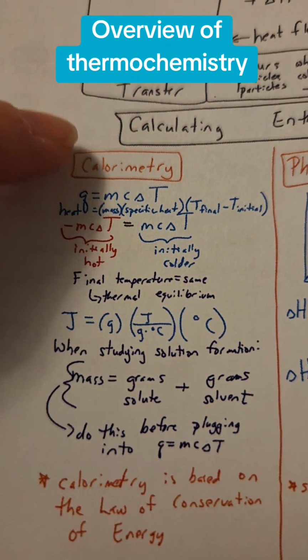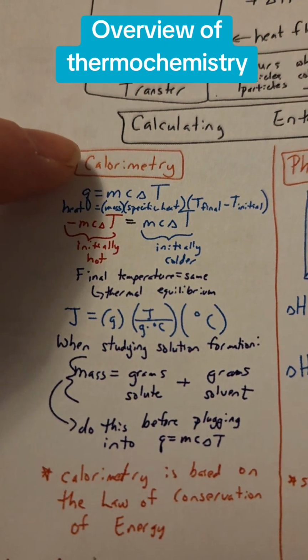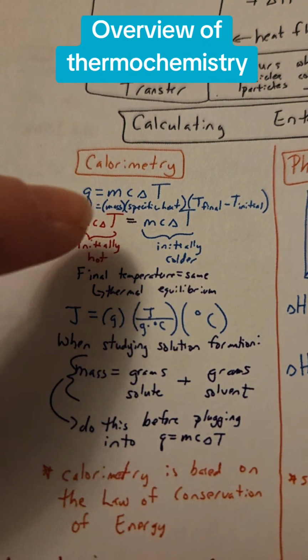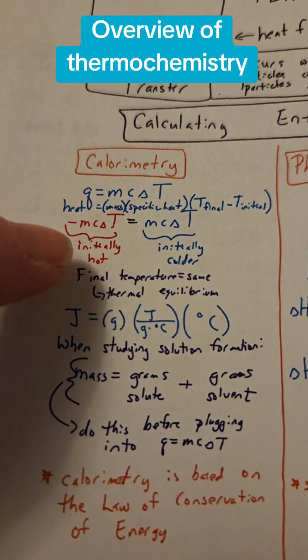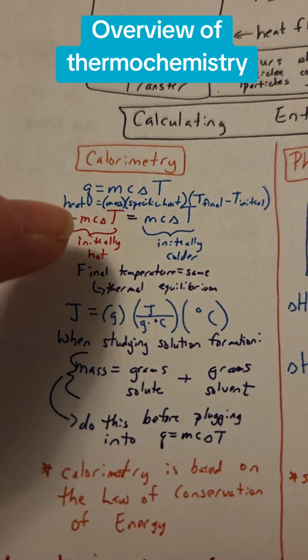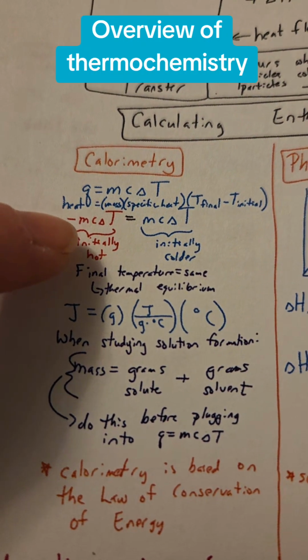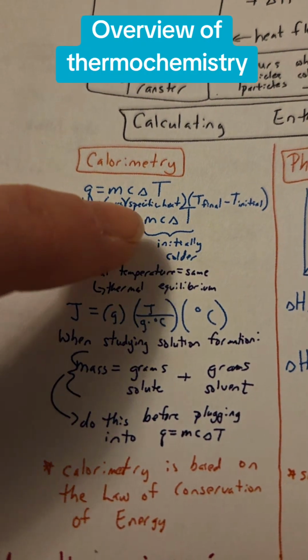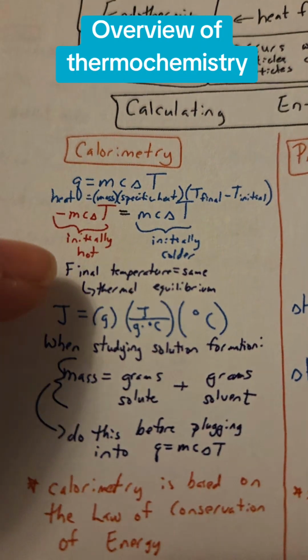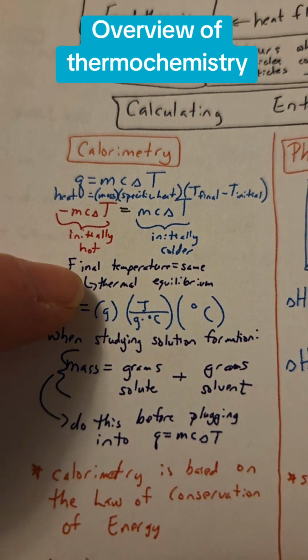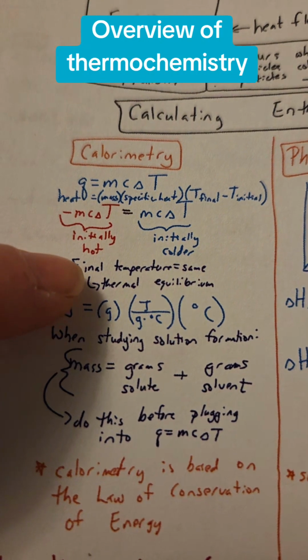In that case, with calorimetry, or in all cases with calorimetry, we're assuming that all of the energy is contained within your experimental setup, sometimes even just a coffee cup. So all the heat that is lost by the hot thing will move to the colder thing, and that means that your final temperature will be the same because we have attained a thermal equilibrium.